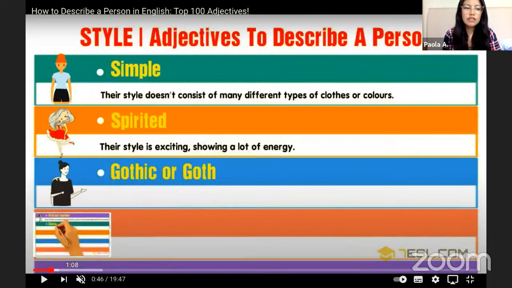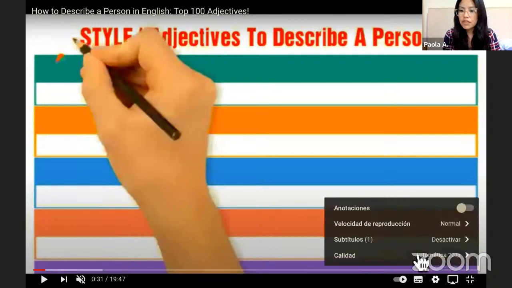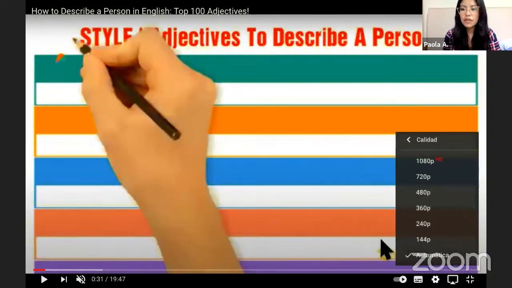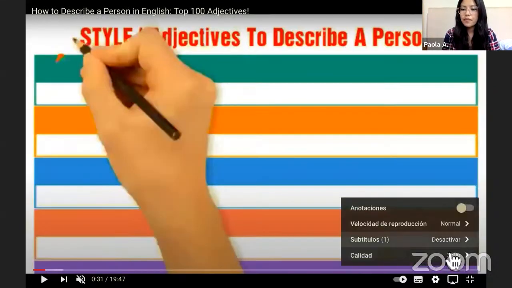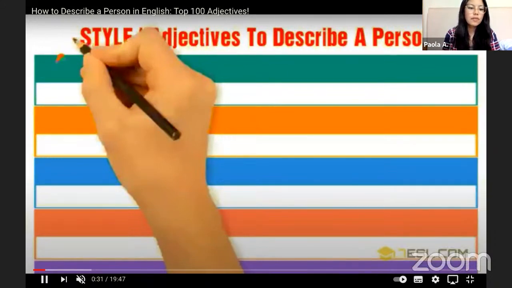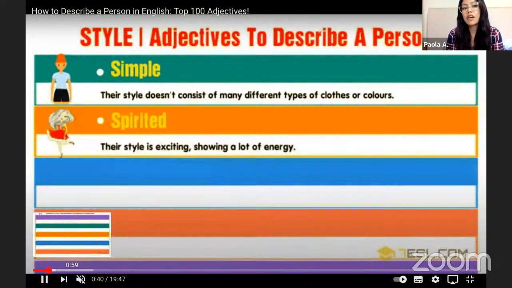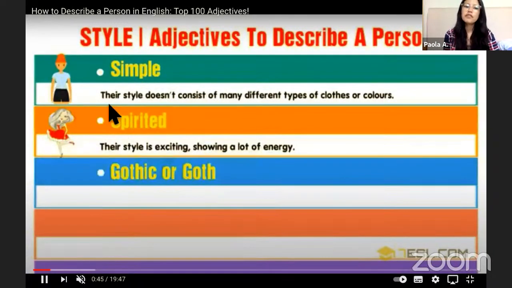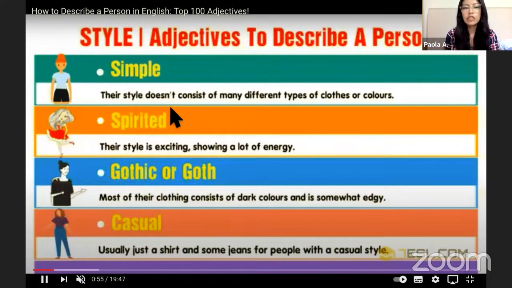So for instance, if you're in the first category and you find a word that describes you, you take a look, you copy, and then, let's say, casual.